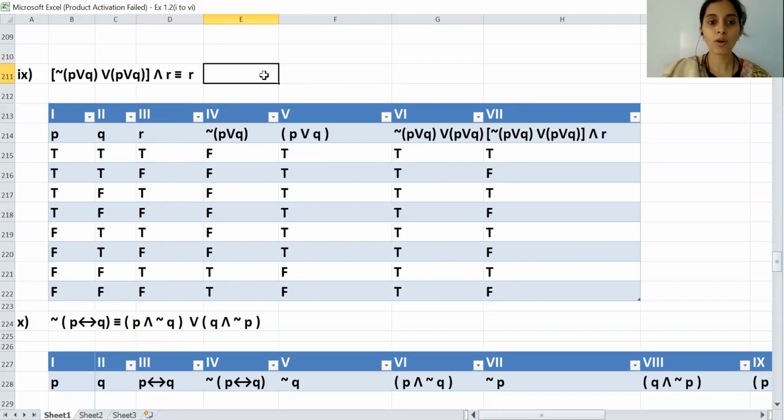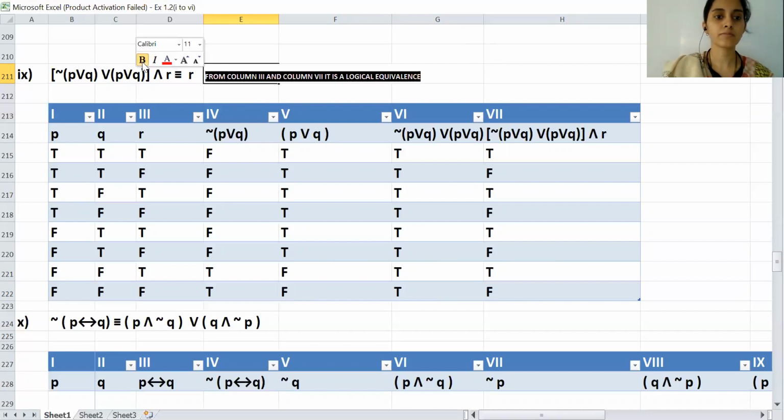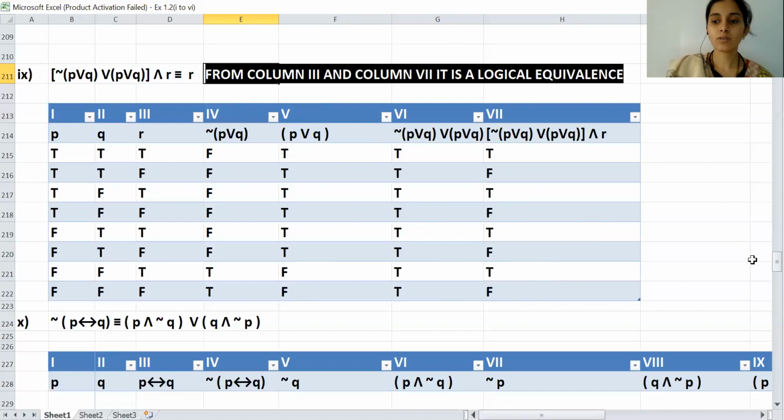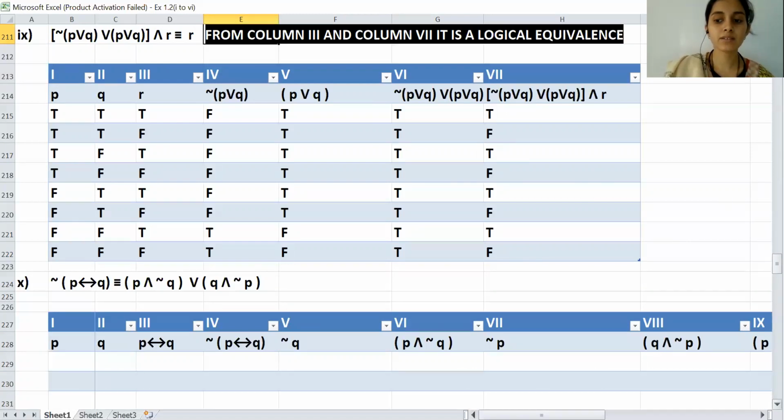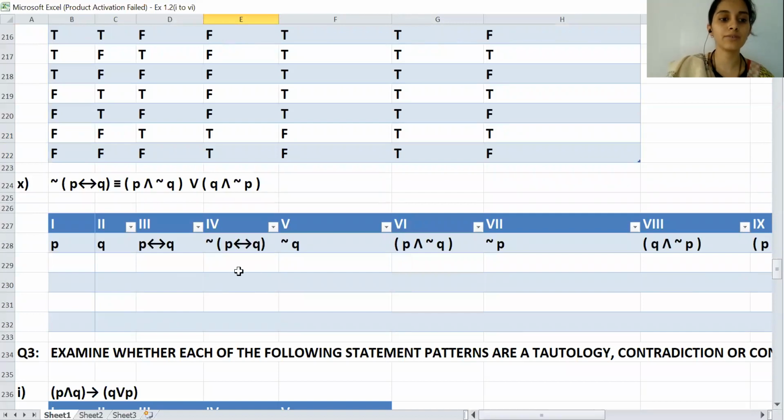So yes, we'll write from column 3 and column 7, it is a logical equivalence. Remember, just R is there on the right hand side, so I did not do it again. You already have that value. You just have to compare the truth values over there.